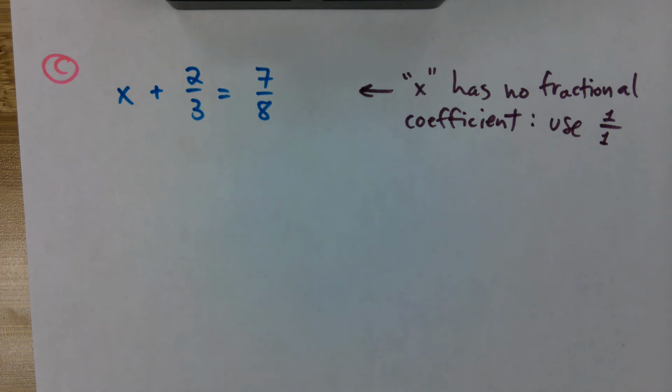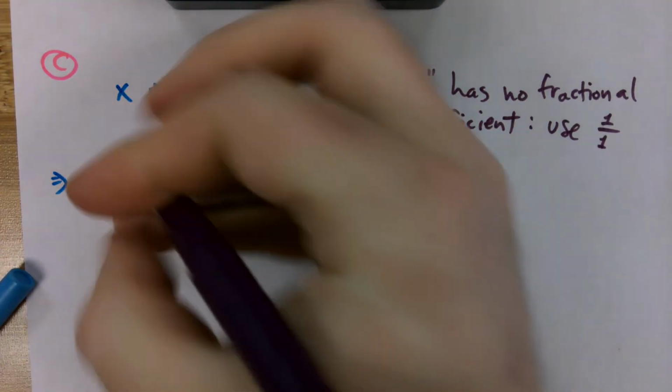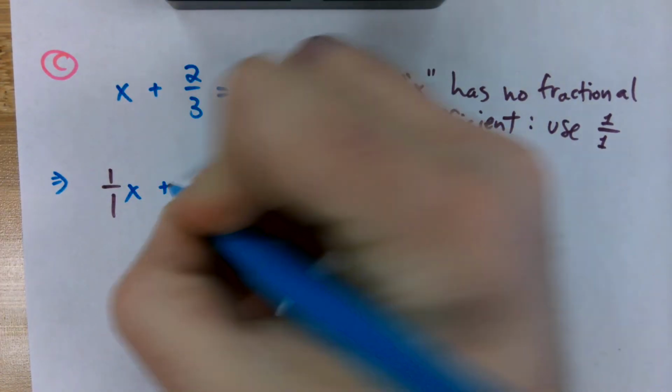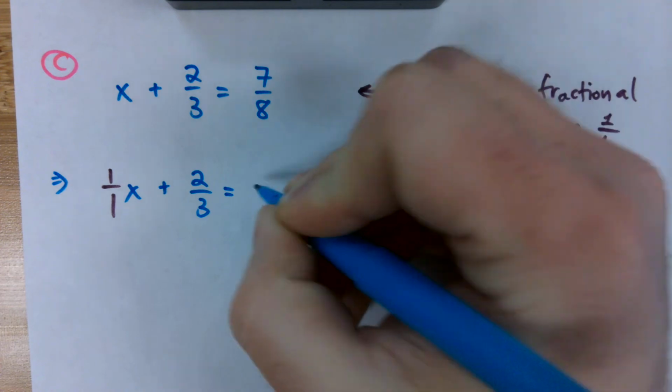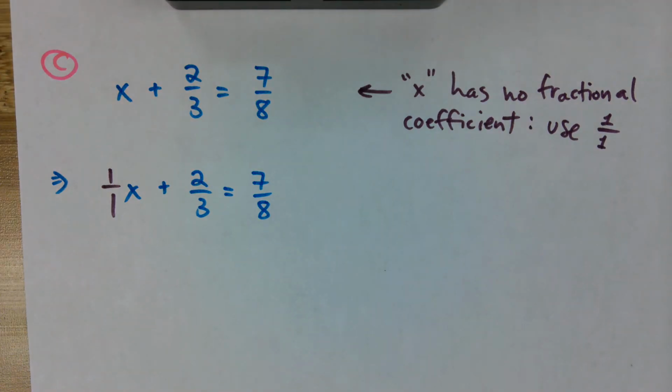Exactly. We're going to go ahead and put 1 over 1 in front of our x, just so we can have all 3 terms set up as fractions. You're going to have to do that quite a bit on our worksheet, so make sure you understand what we're doing there.